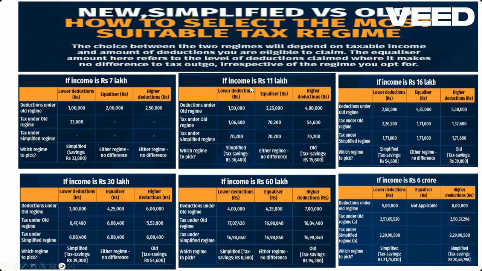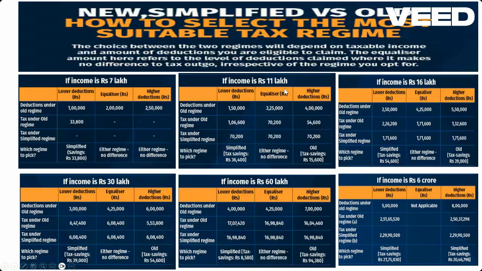So income is 11 lakh. For lower deduction, you can see 1 lakh 50,000, 3 lakhs 25,000, and 4 lakhs. For higher deductions, you can see again not much.